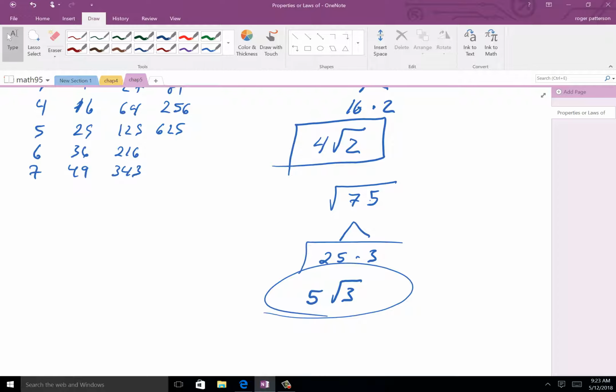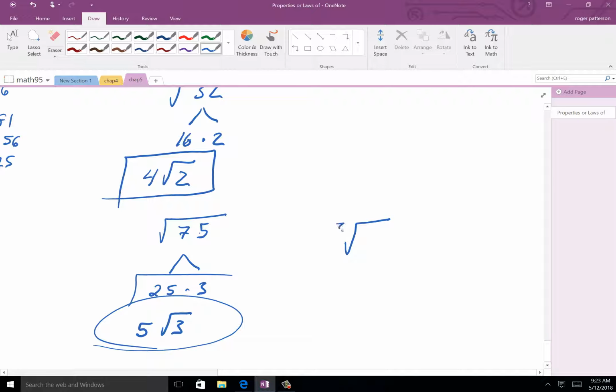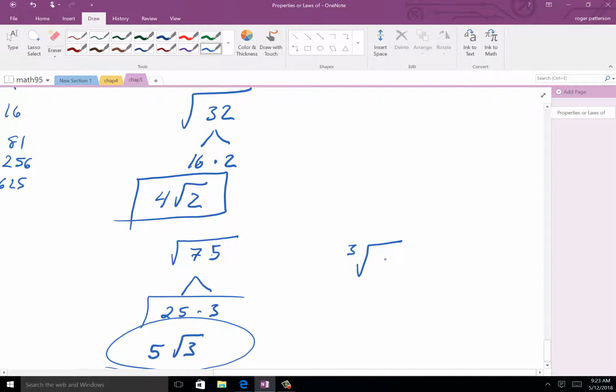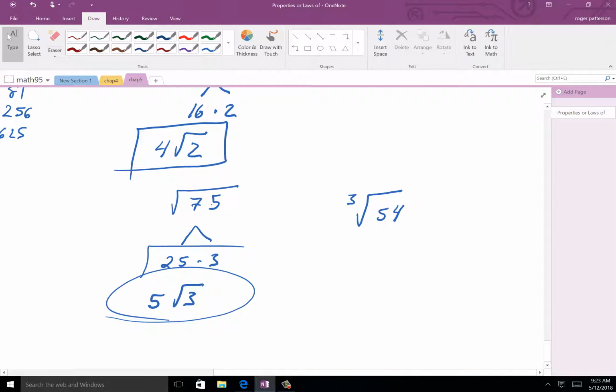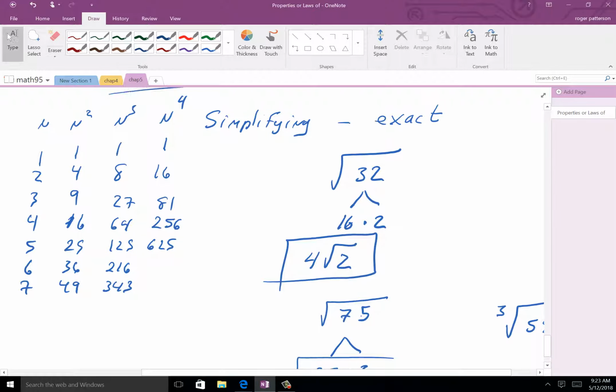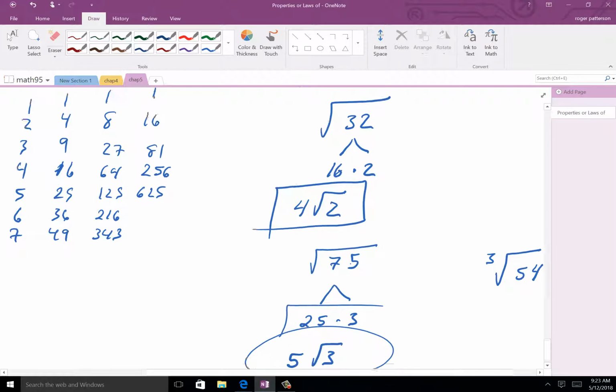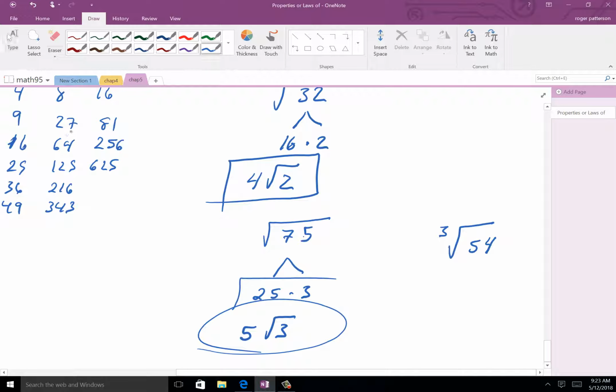Again, the author of the text likes to do some cube roots. So let's say we have a cube root of 54. I've got to find the largest of these numbers that goes into 54 evenly. So 1 doesn't do us any good. 8 doesn't go into 54. 27 goes into 54 how many times?